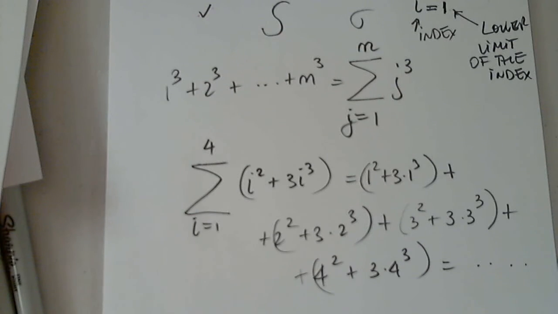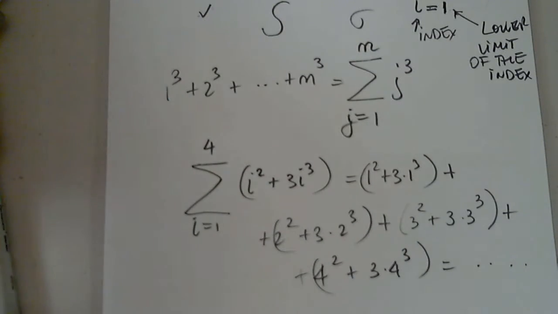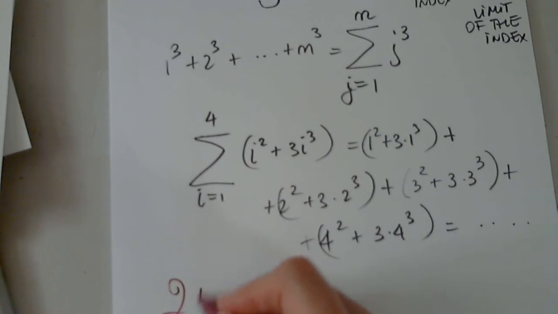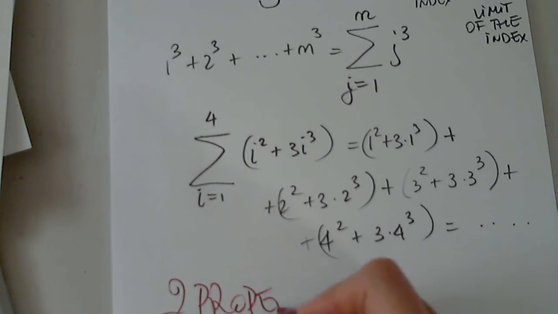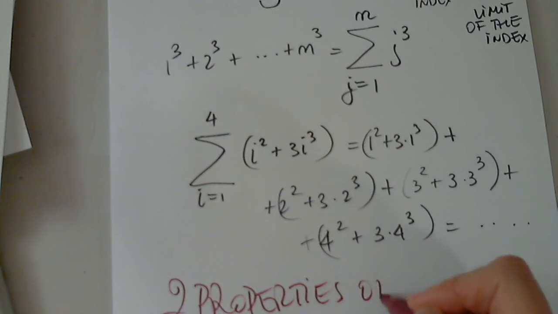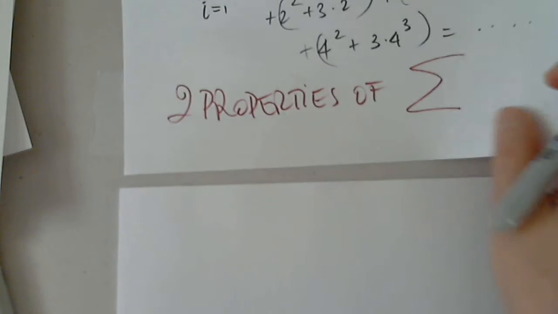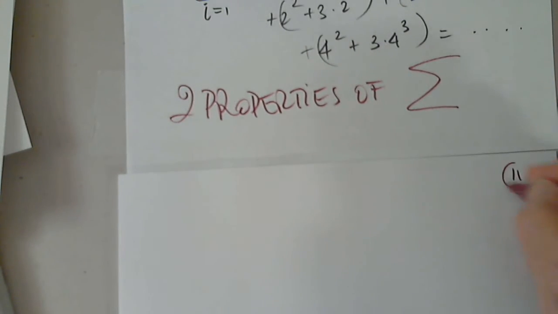There are two properties that I need to mention about the summation notation, and then I can go back and finish up what we started. So two properties of the sigma notation. And here they are.